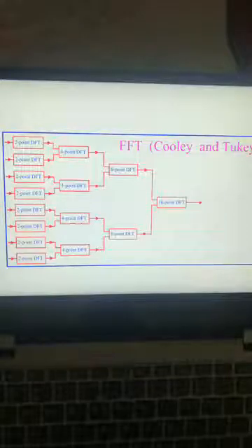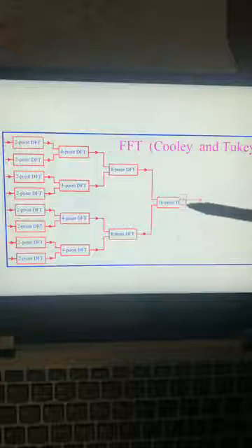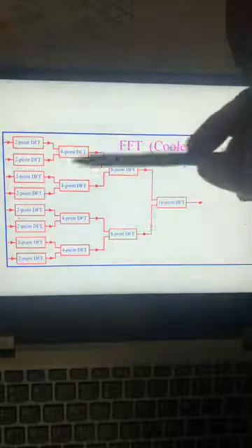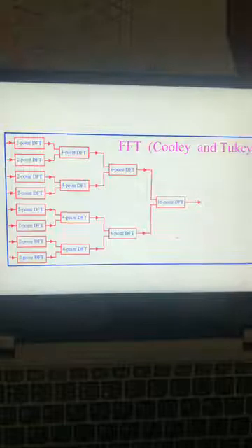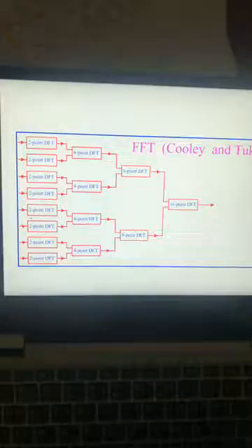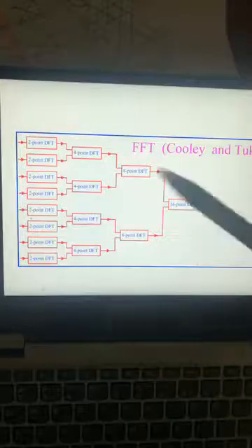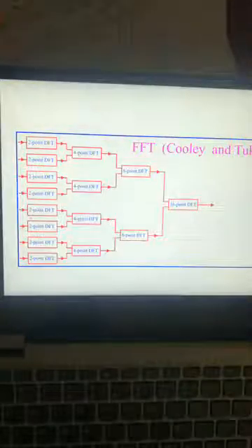So now we need to understand that if you have a 64 or 16 point DFT, what you have to do is first split it into two 8 point, then each 8 point into two 4 point, and every 4 point into two 2 point. So the DFT is split into 2 point DFTs, and your samples are like X0 X4 X6 X8 X1 X5, so the indices will be like these.